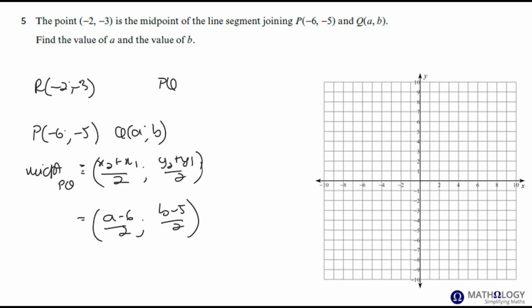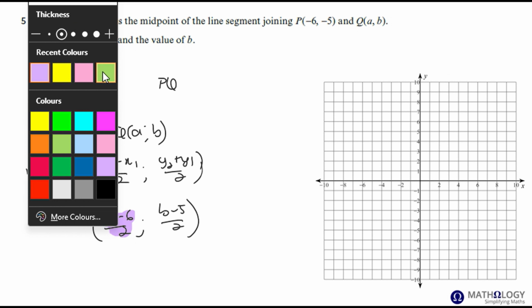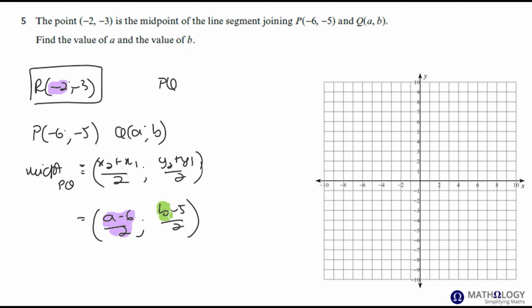Now, since the midpoint of PQ is the point R, that means that the x-coordinate of the midpoint, a minus 6 over 2, must equal minus 2, and the y-coordinate of the midpoint, b minus 5 over 2, must equal minus 3. So all we do now is equate these expressions.